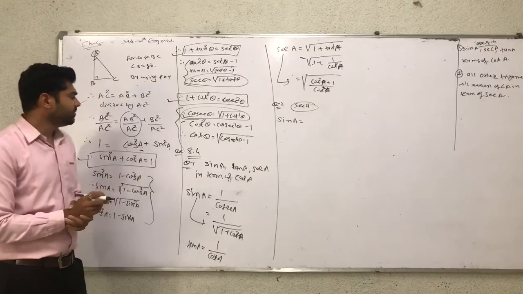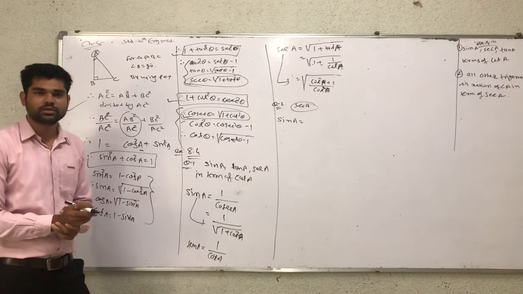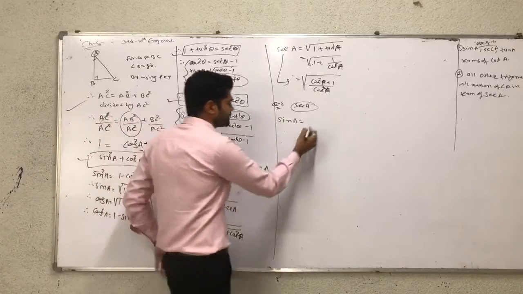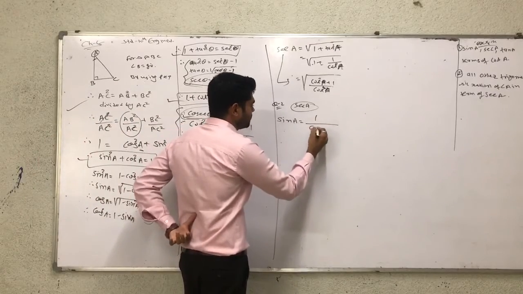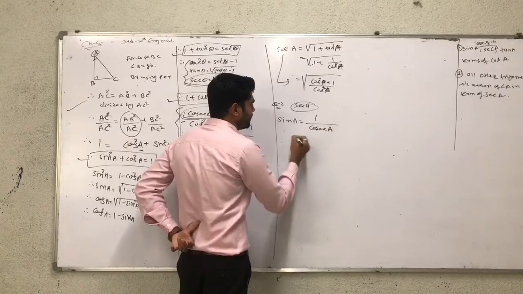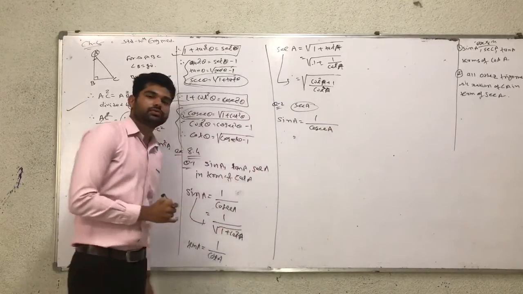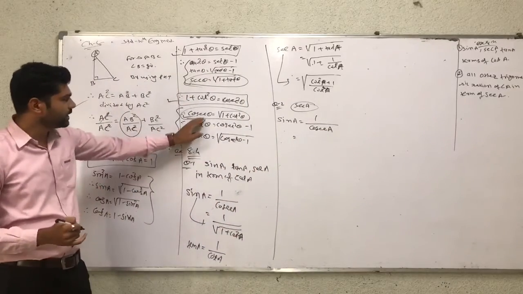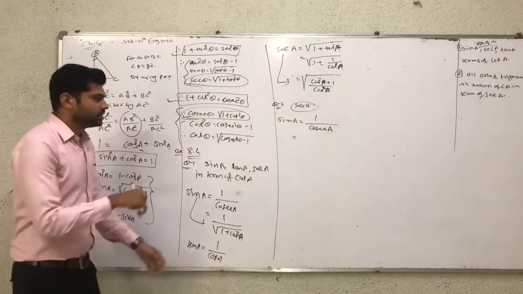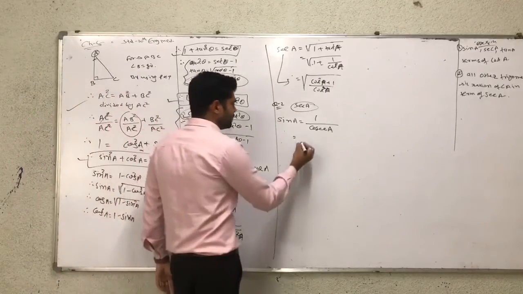So sin A means 1 upon cosec A. Now in place of cosec A we have to take 1 plus under root tan square.